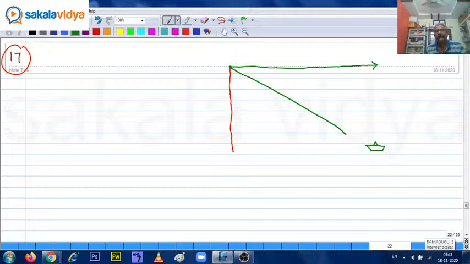This height is 75 meters. The angle of depression is 30 degrees. We need to find D, the distance from the ship to the lighthouse.